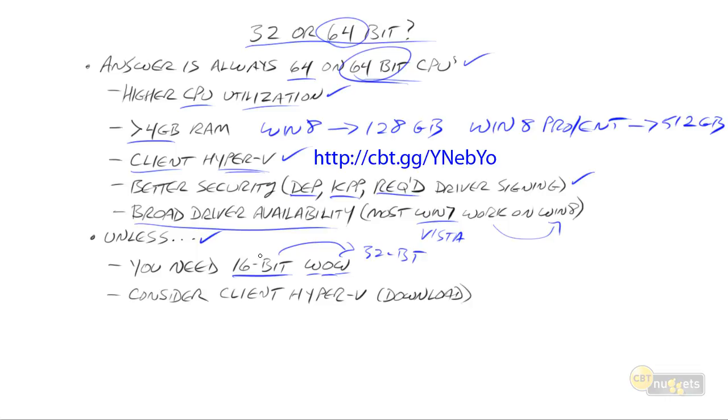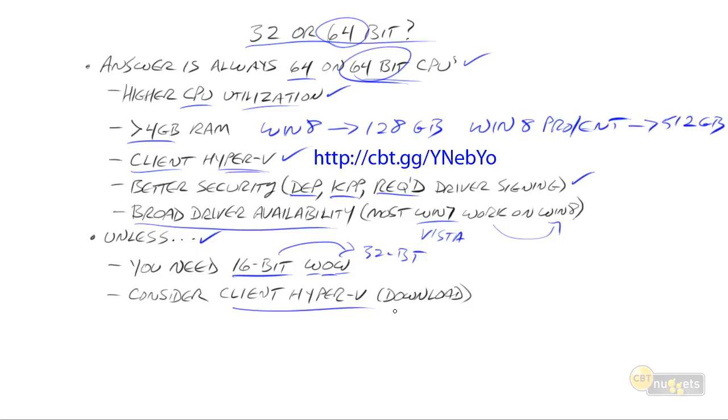Now, if you're stuck with those 16-bit apps, you may have to just install 32-bit versions of Windows on all the desktops. But another option there would be something we discussed earlier. That is Client Hyper-V. You can download that. The download's free. And you can install it on your client and then run a 32-bit version of Windows. It could even be an older one, Windows 7 if it's more compatible, or Windows Vista, even Windows XP or something like that if you want to.